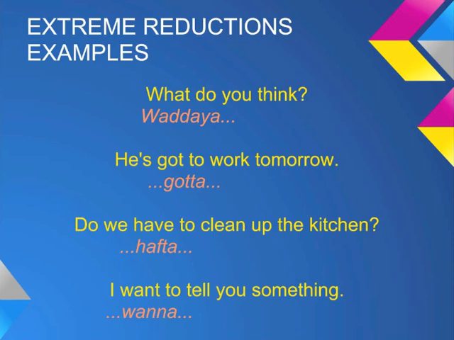Do we have to clean up the kitchen? This will become, do we hafta clean up the kitchen? And finally, I want to tell you something will become, I wanna tell you something.